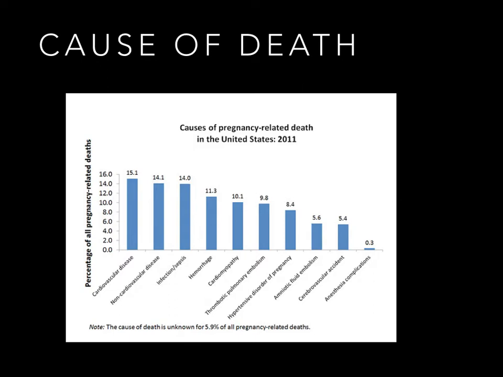So when you look at this slide, also going through 2011, we see that cardiovascular disease, other non-cardiac diseases, infections, and hemorrhage accounting for more than 50% of the pregnancy-related deaths.